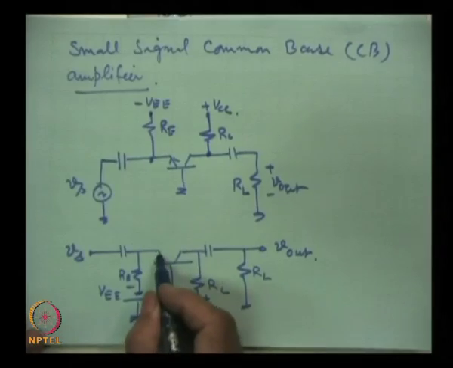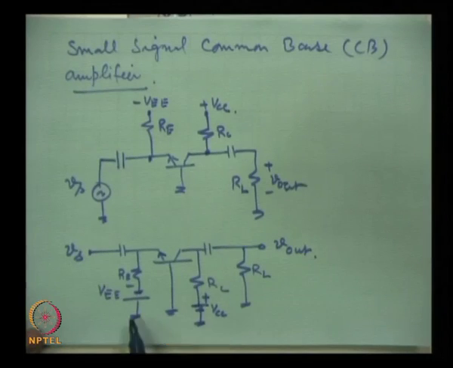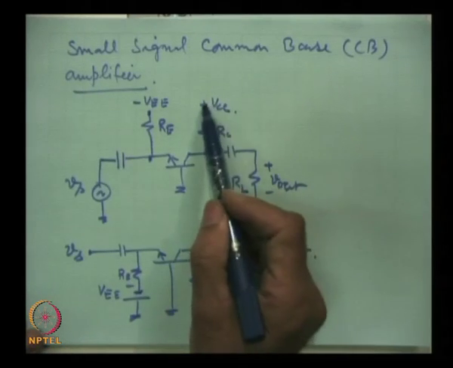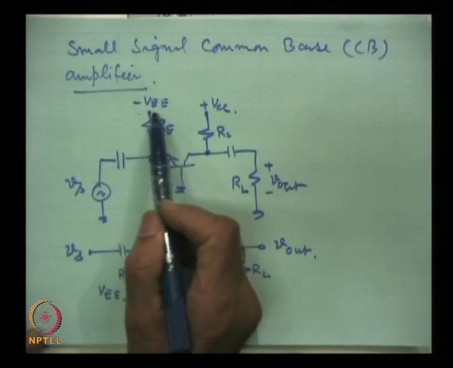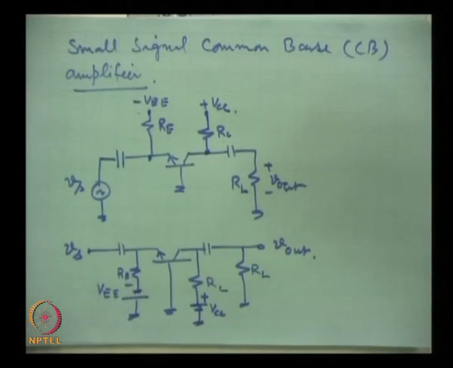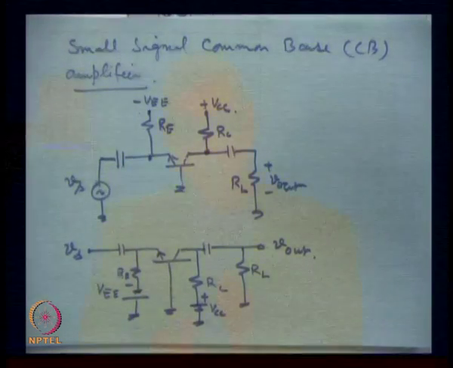This is not possible in the common base. Common base needs two batteries with opposite polarity, plus VCC minus VEE. So, this circuit needs two batteries, which goes against the common base. But anyway, this is not the reason for its very few applications. We will come to that.